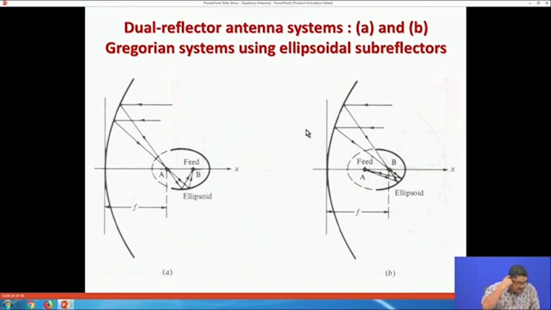So, these are your choices. Now, these systems are called Gregorian systems. Actually, these are all present in optics. When lenses were developed, one famous optician Gregory, after his name it is named. So, they use ellipsoidal subreflectors.